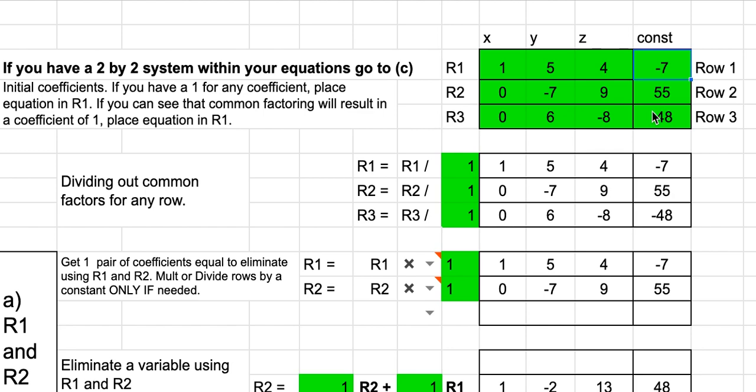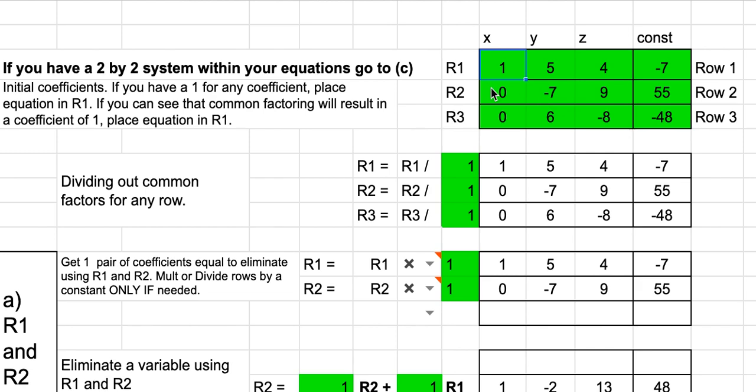When you have a system like this, first of all, you look at it when you've gotten everything in there. Remember, if you've got a leading 1, and a leading 1 means a coefficient of 1 in either x, y, or z, you want to put that in the first row, unless you've got a 0 in that row.